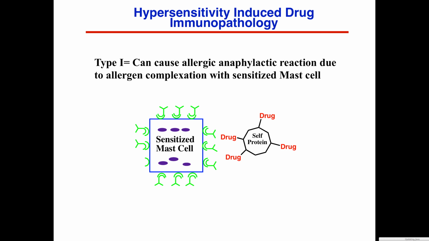If we look at type 1 hypersensitivity reactions, remember, they cause an allergic anaphylactic reaction that occurs from allergen complexation with sensitized mast cells. So a drug that binds many places on a self-protein is going to become polyvalent, so it can interact with the sensitized mast cell and cause a type 1 allergic response.